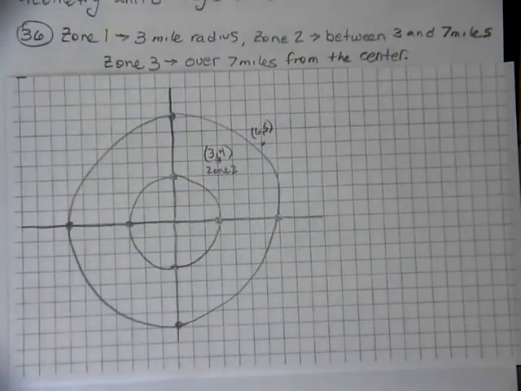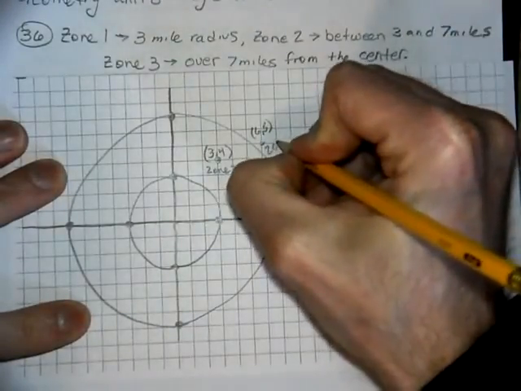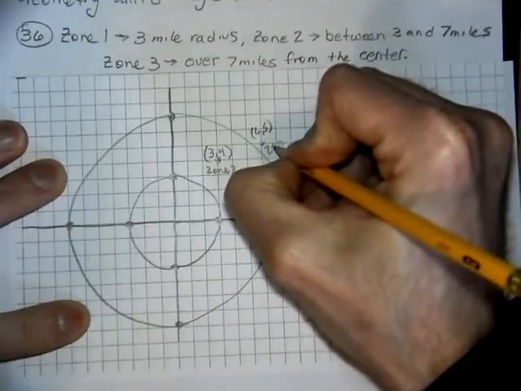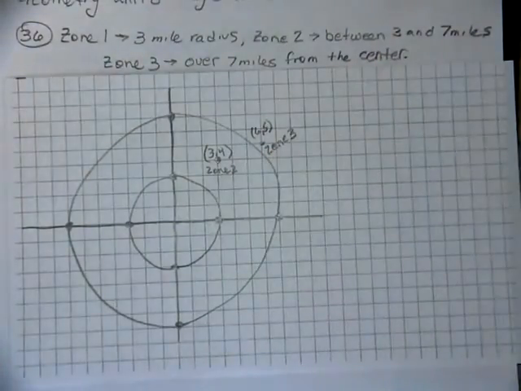For 6 comma 5, we would be in zone 3 because we're outside the circle.